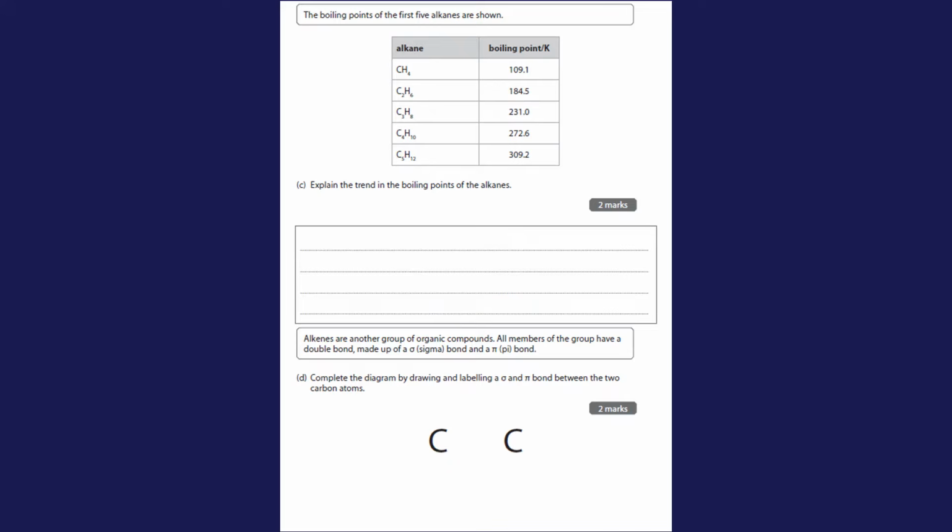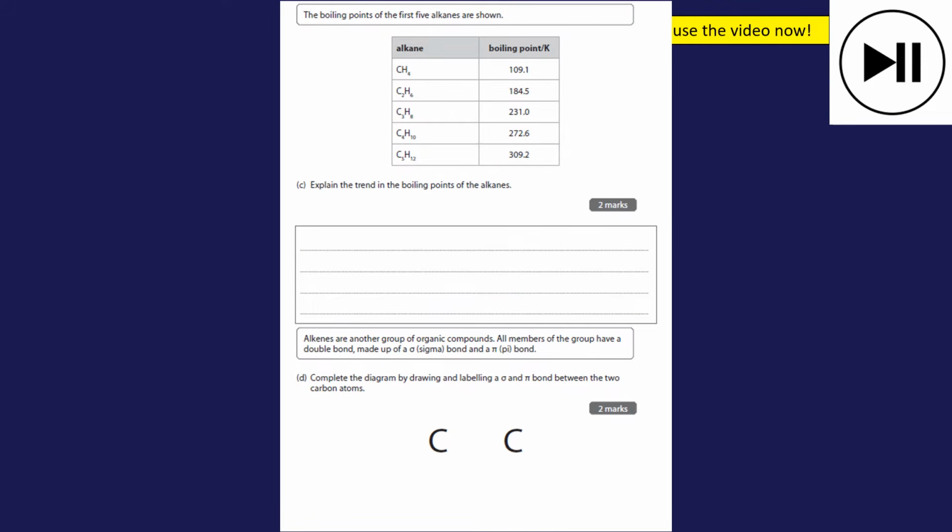Okay, next up. Again, as always, pause your video when you want to see me go through them. Unpause the video. So here I've got some alkanes and their boiling points. The boiling point increases with chain length. So that's actually what my trend is.